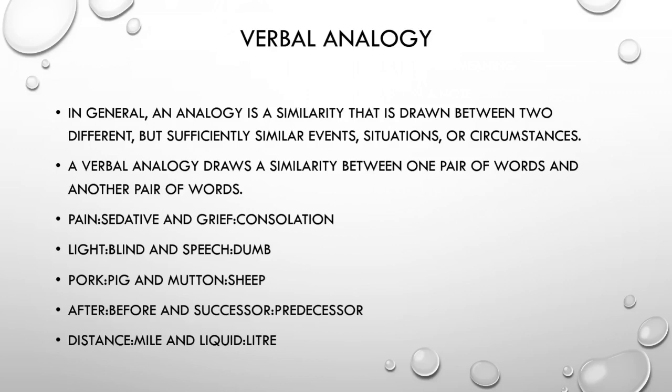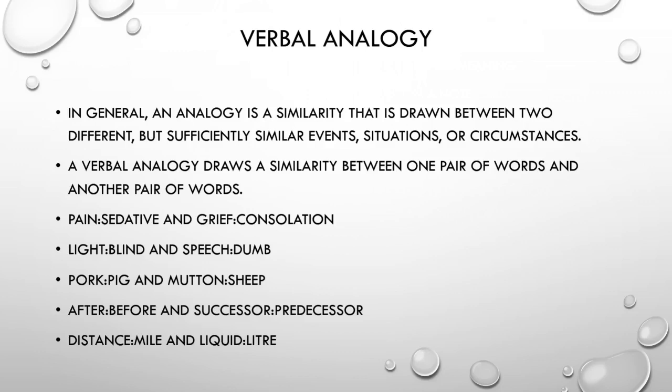So you may know that to reduce the pain or to remove the pain, normally we use sedatives. And similarly, if you want to remove grief, or reduce your grief, you have to be consoled. And so grief and consolation is similar to the pair pain and sedatives.